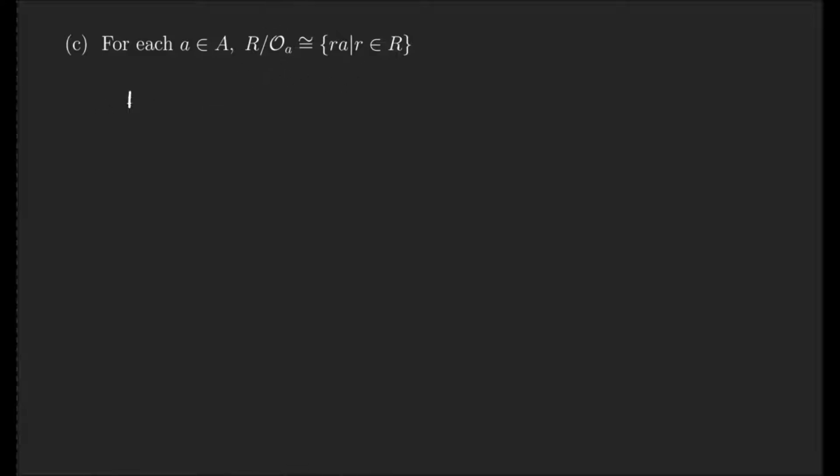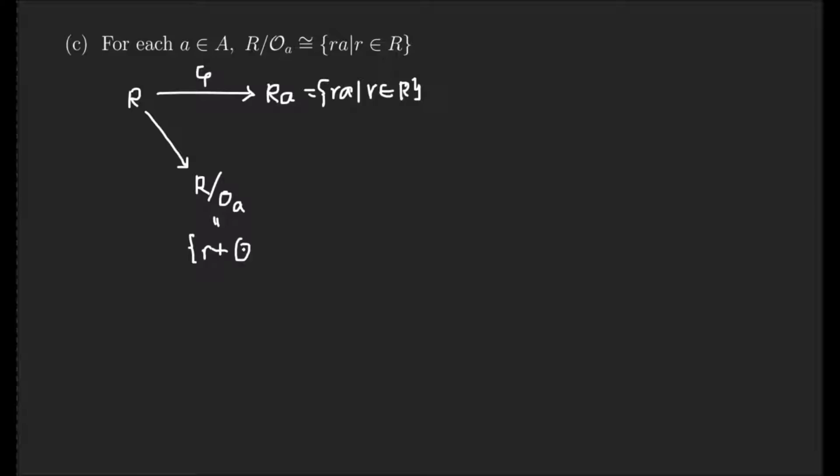In this case, if we consider R A, this is just a collection of r a with r in R. If we easily check, this is a homomorphism relation, a ring ideal. Because this is clearly an ideal, the so-called order ideal, we can factorize: R quotient O_A is the set of elements r plus O_A.